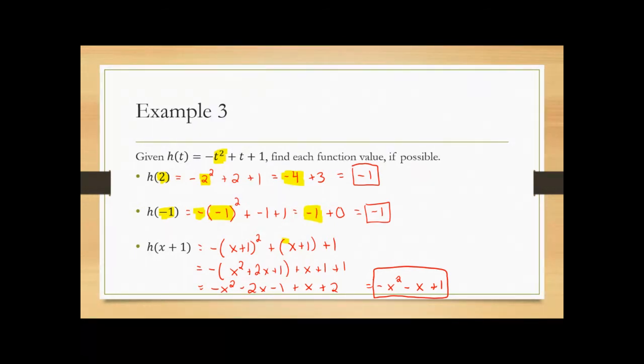So yes, this is a function. Because we have only one y, it's okay to have more than one x, and if we were to solve this, set it equal to 0, we could get two x values. But we only have one y, so it's a function.